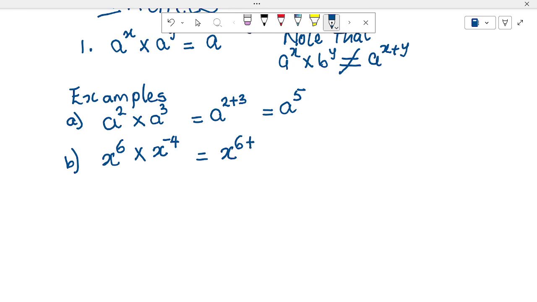Plus, what next? We say open bracket minus 4. You are right. Now what does that give us? If we open that bracket, can you tell me what it will give us? x raised to power 6. Now when this bracket opens, we have plus and minus together.